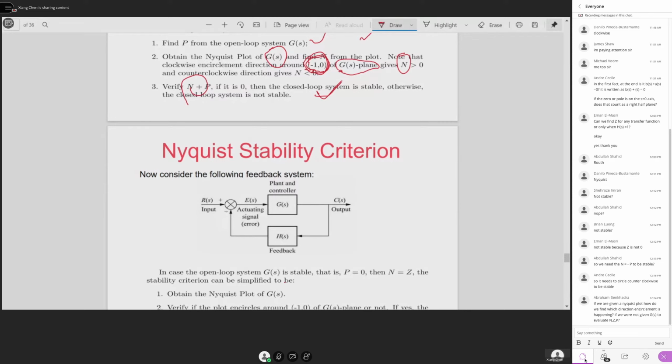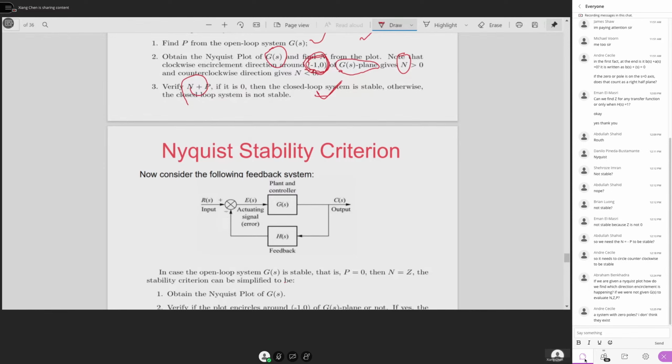Can someone answer my question first? A system with 0 poles in the right half plane?